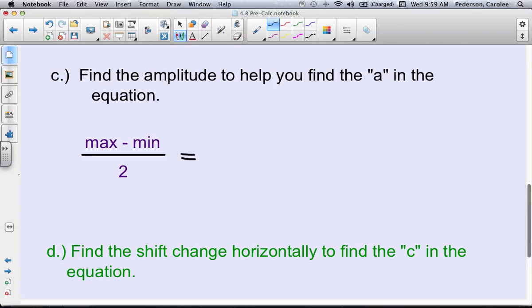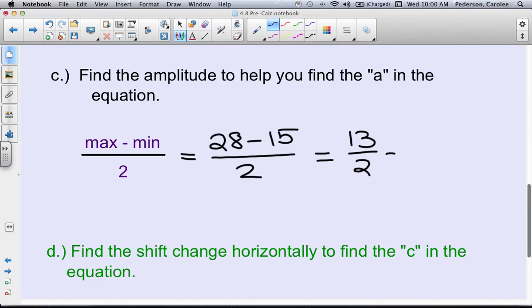So the maximum again was 28. The minimum temperature was 15. And we divide by 2. 28 minus 15 is 13. Divided by 2 is 6.5. This will be your amplitude, or your a in your equation.